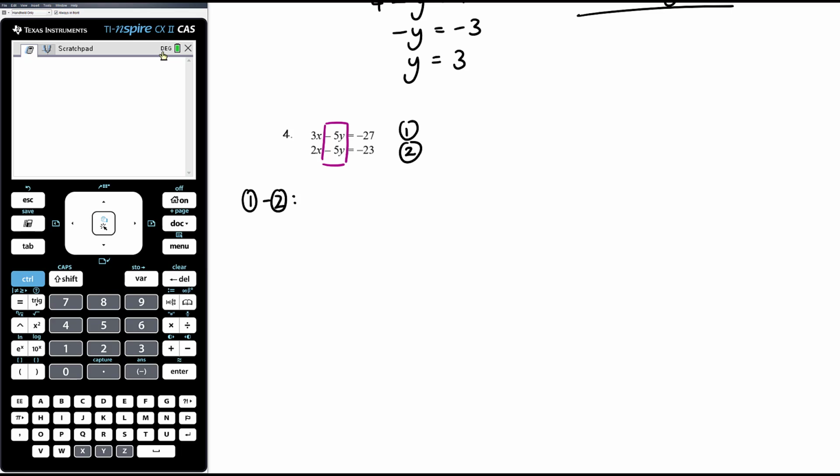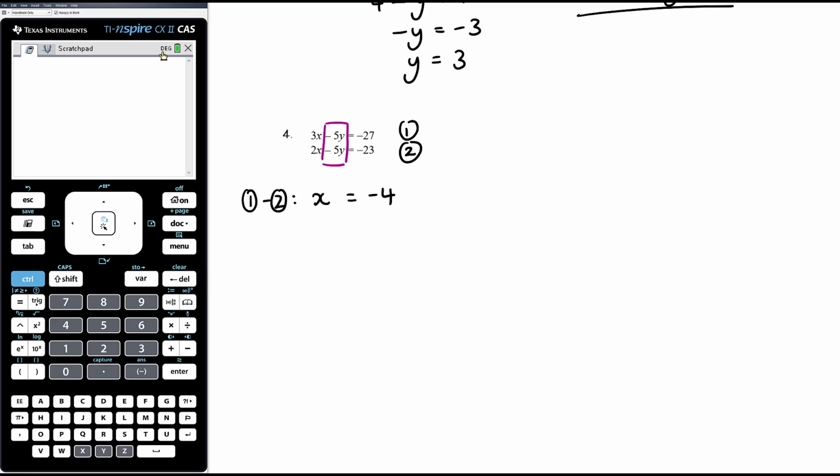When I do that, 3x minus 2x is x. Negative 5y minus 5y is negative 5y plus 5y, which is 0, which is why I chose to subtract. And on the right hand side, I've got negative 27 minus 23. So that's negative 27 plus 23, which is negative 4. So immediately, just by subtracting the two equations, I've found what x is.